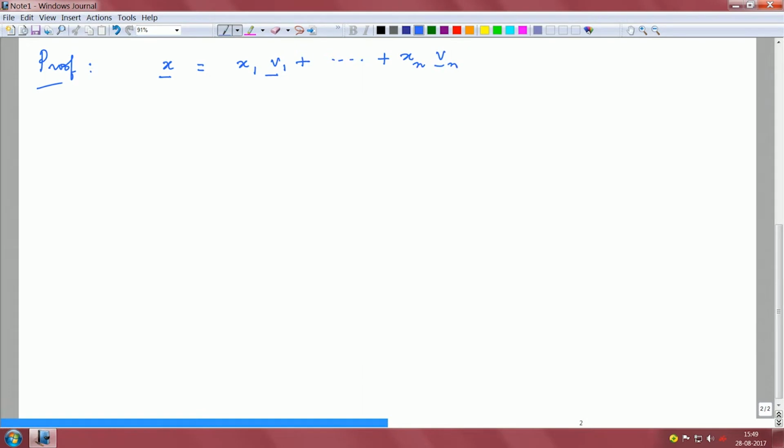So, a vector x can be written as x1 in the direction of v1 plus x2 in the direction of v2 plus so on till xn in the direction of vn, right, and this is because it is a basis, therefore, they are linearly independent.